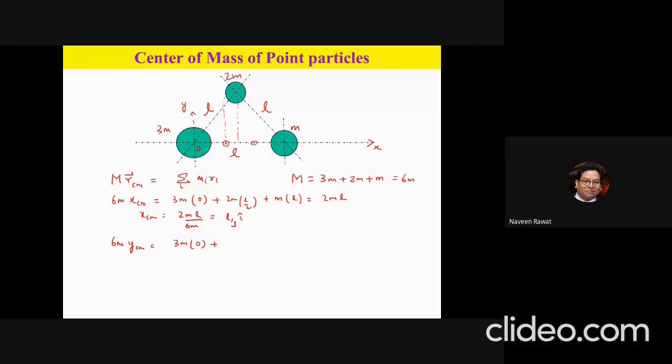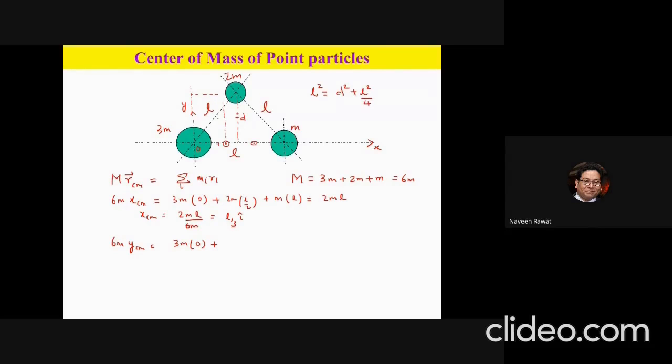The second one, I don't know where it is because I haven't calculated it. It is this length, so I will have to use the Pythagoras theorem to find this length. Let me call this distance on the y d. So it will be d square plus L square by 4, L by 2 the whole square, which is this distance.